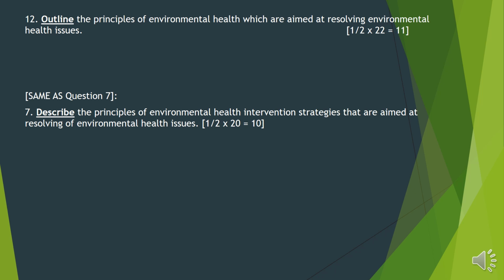And between the two, outline would probably have less detail than describe. When you describe, you really want to go into detail and give examples and justify, whereas outline is just giving them what the principles are. Otherwise, it's one and the same question.